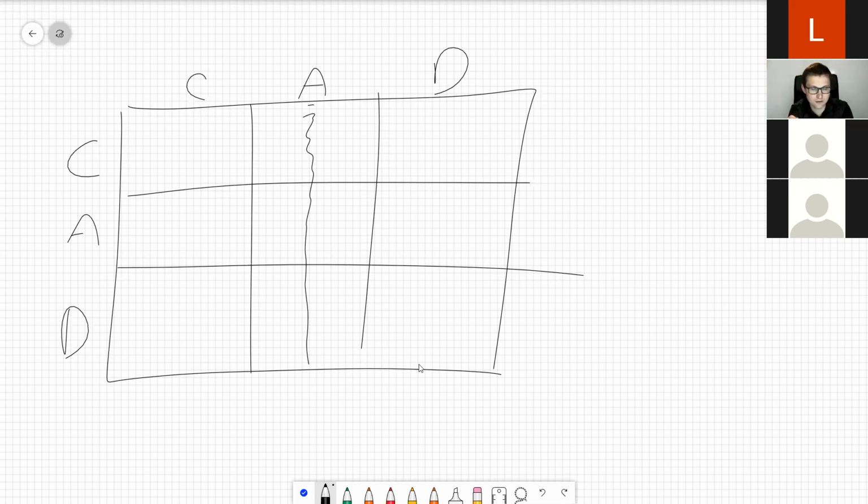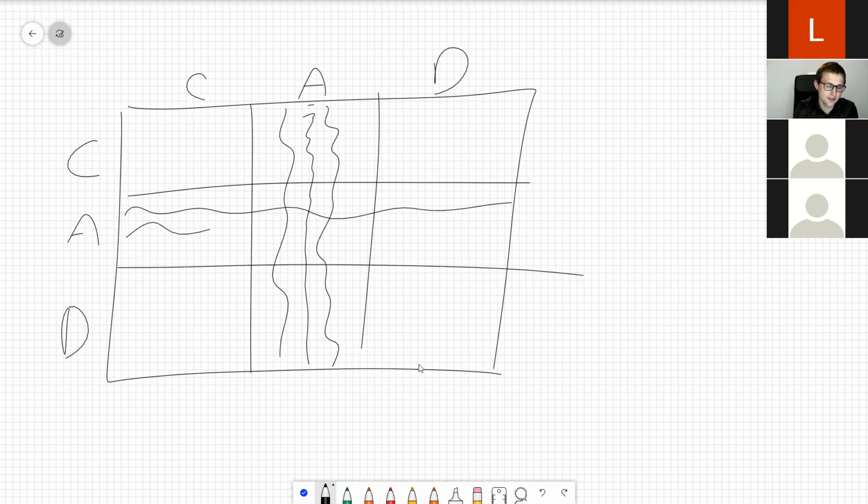So the D columns and D rows are the same, and A rows and A columns are the same. So you can just remove them one by one, and basically they do not matter, because when you introduce them back, each of them increases rank by one. So they are easy and not really important.